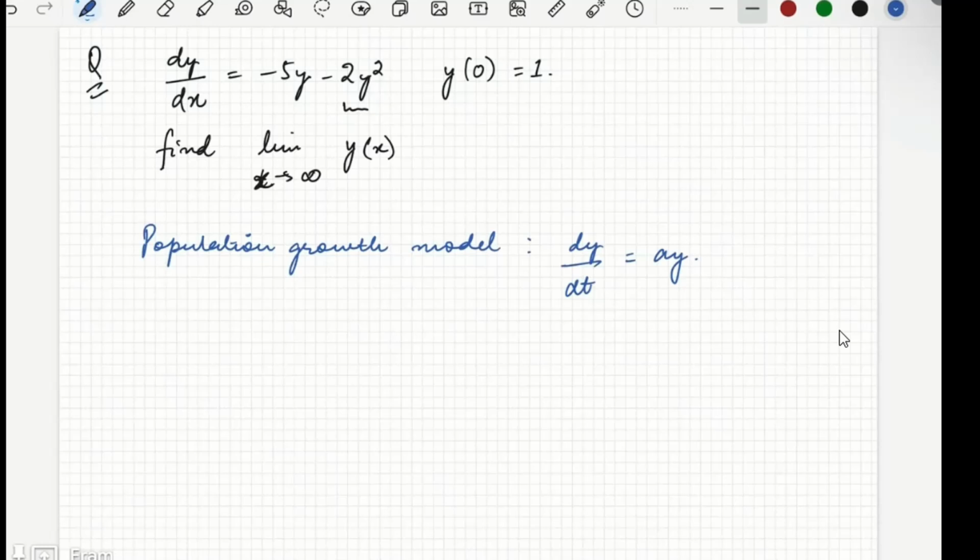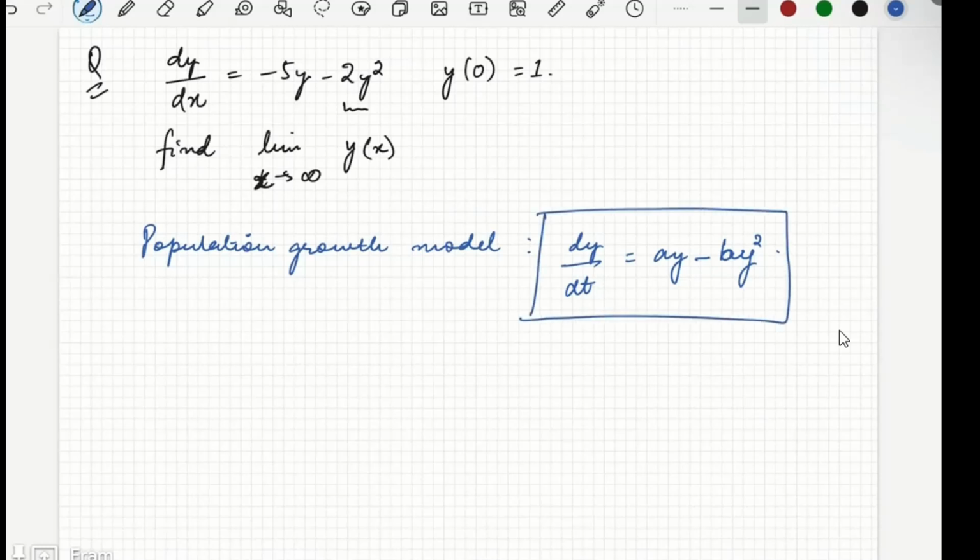Then we modified that model by assuming that there is some competition, because of which the population doesn't grow linearly, and we model that term using by square. So this model resembles the one that we are given.